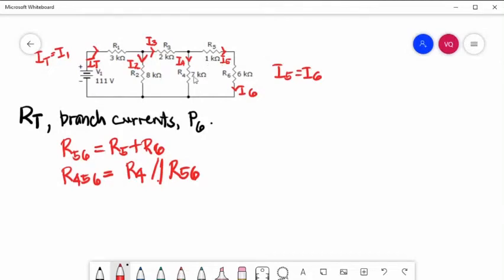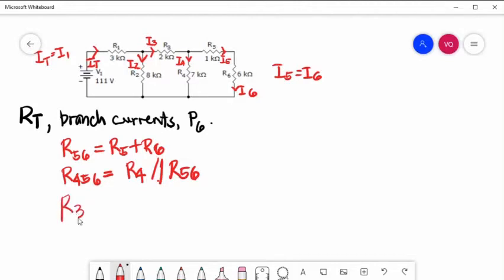The combination of R4, R5, and R6 becomes one resistor, connected in series with R3.